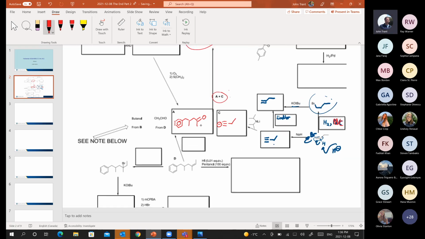And then this is saying I can make D. From D, I get the product A and ethanol, which is that. And if we're following along at home, which I guess you are, that's a cleavage here.